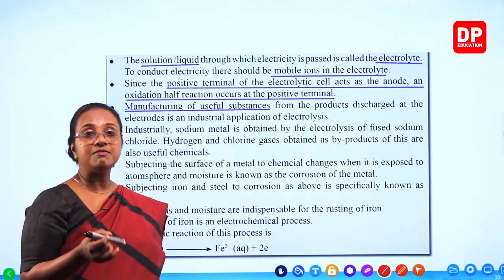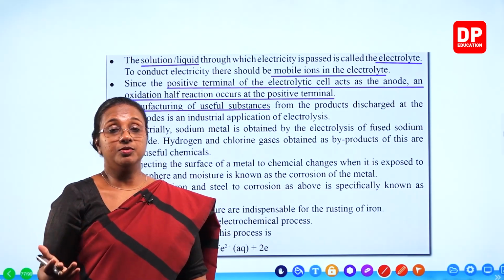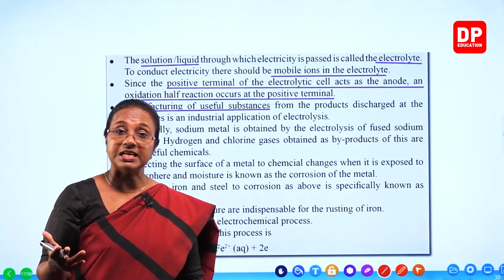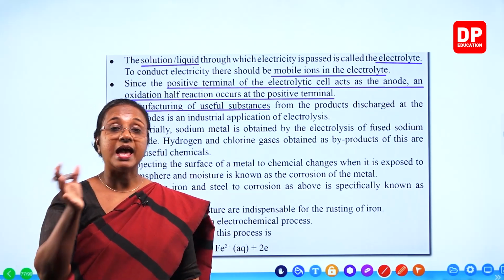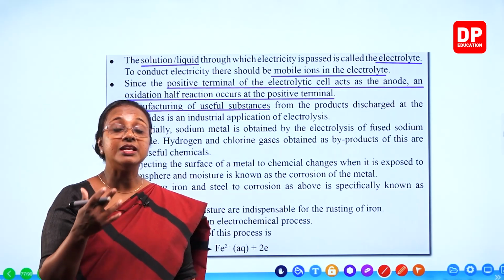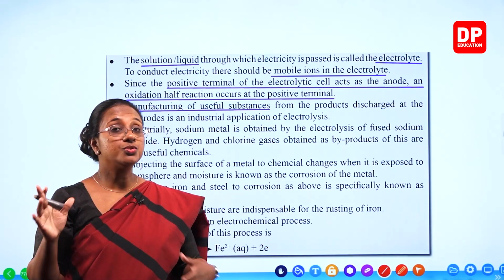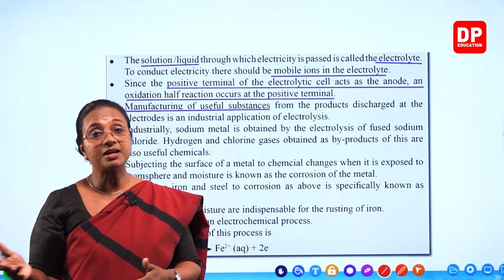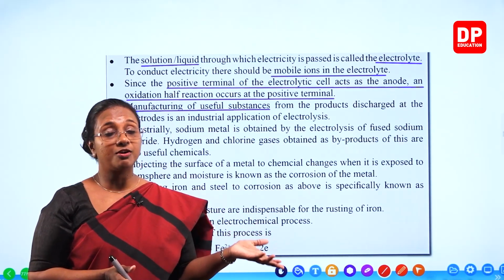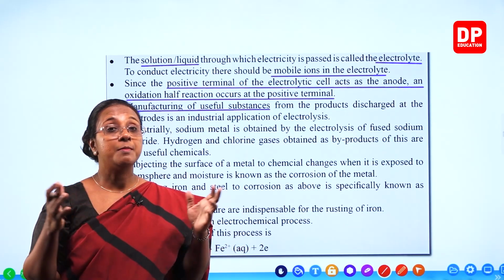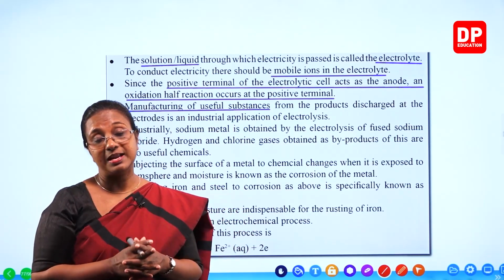Now, if you remember, when we have fused sodium chloride, when you electrolyze it, near the cathode, sodium liquid is formed, and near the anode, chlorine gas is formed. So, sodium liquid becomes the main product in extraction of sodium, and chlorine gas is the byproduct of extraction of sodium, but both are useful materials.